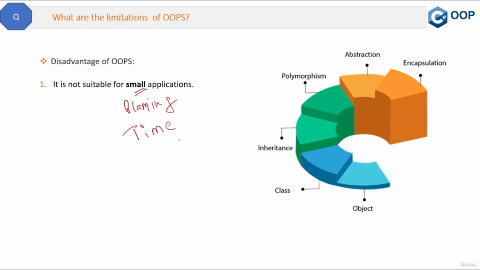For example, to implement inheritance, you have to analyze, right? What will be the base classes? What will be the derived classes? Analysis takes time, and if you don't have time, then we should not care about OOPS, because execution and delivery are more important, right?